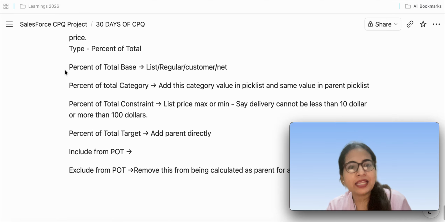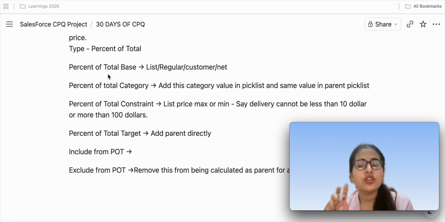Then there are a few fields that you should be aware of, to know how to configure it. In my delivery example, you will create two products, one the delivery product and another the car product.